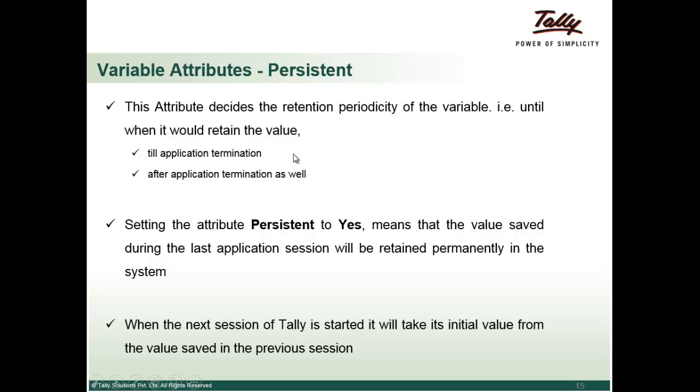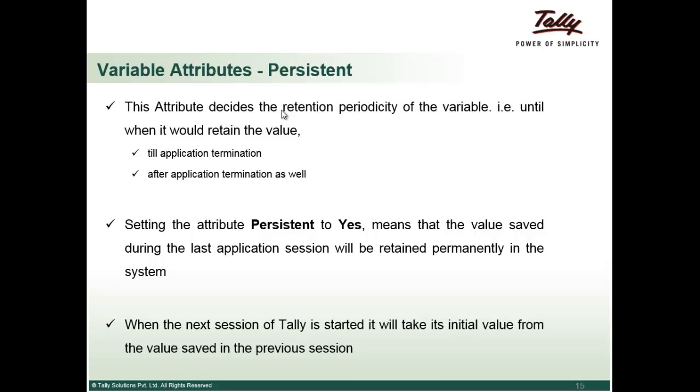By default, when you don't have persistent, the value of the variable is lost once you terminate the application. So if you want the value of the variable to be retained even after coming out of Tally, then you will have to say persistent yes for that variable.